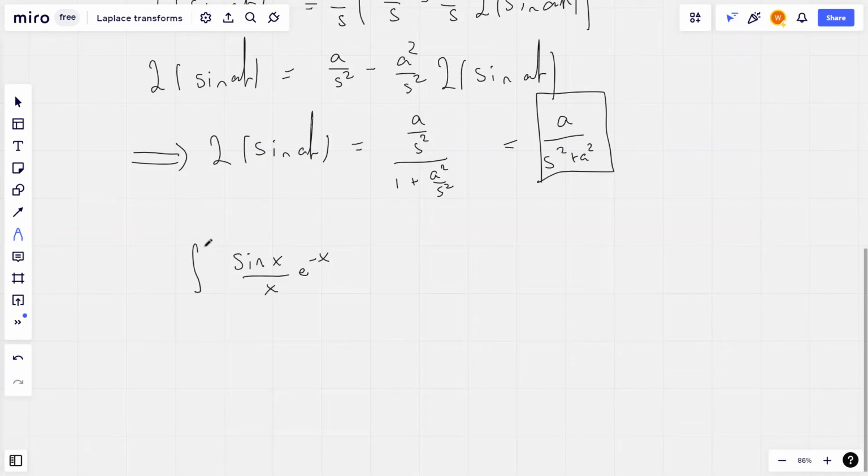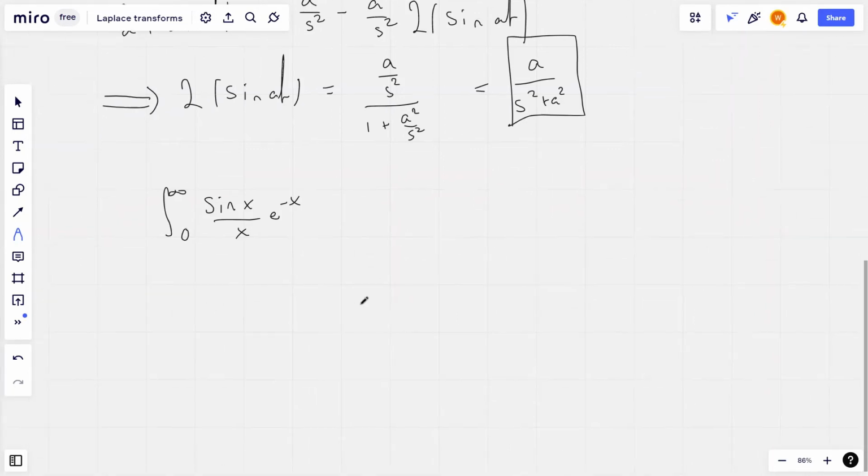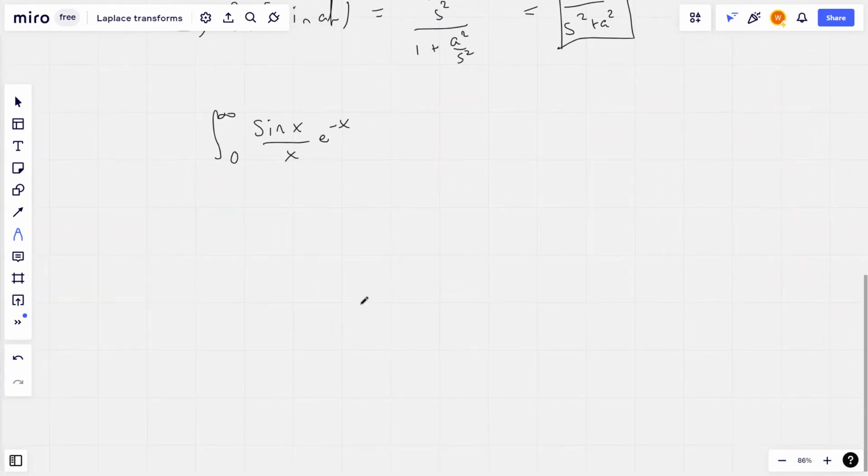This gives a really nice answer, but we don't use the usual strategies we use for an indefinite integral. The first thing we should notice is that this is simply the Laplace transform of sine x over x.